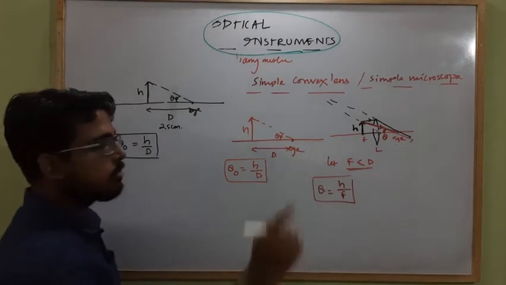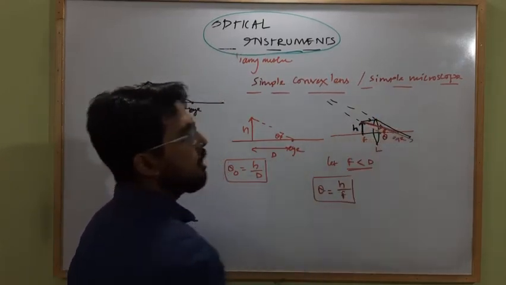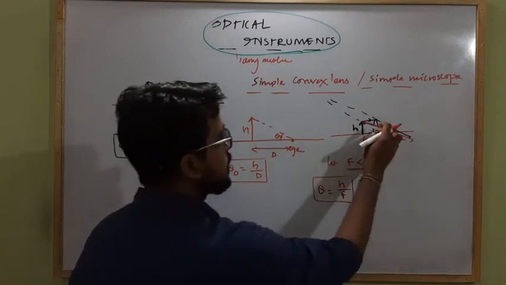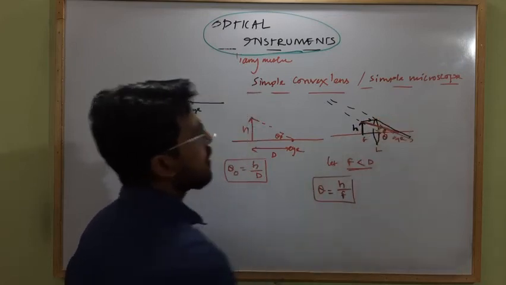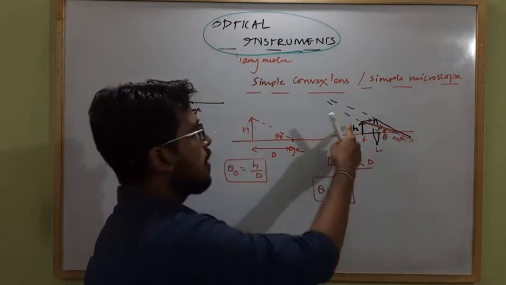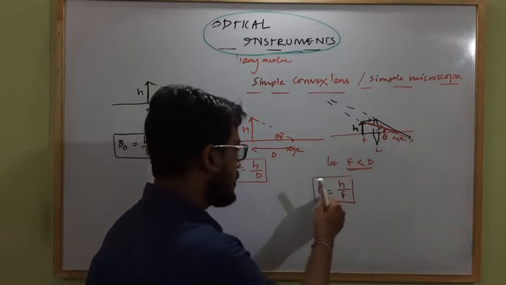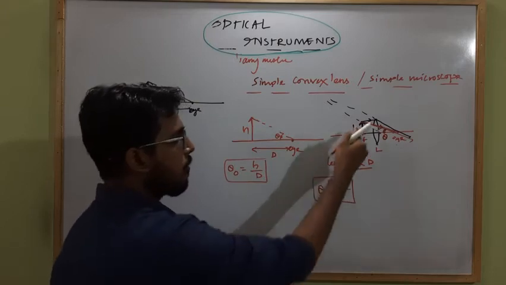Clear? Because we placed the object at the focal length of the convex lens that we use in front of our eye, which is very close to the eye, the refracted rays go parallel and can easily reach the retina, so we are able to see the object. So here theta is how much? h by f. This is the angle of view for the object.